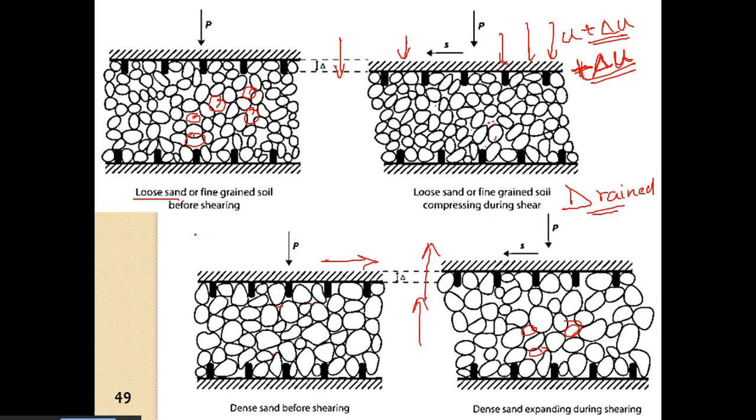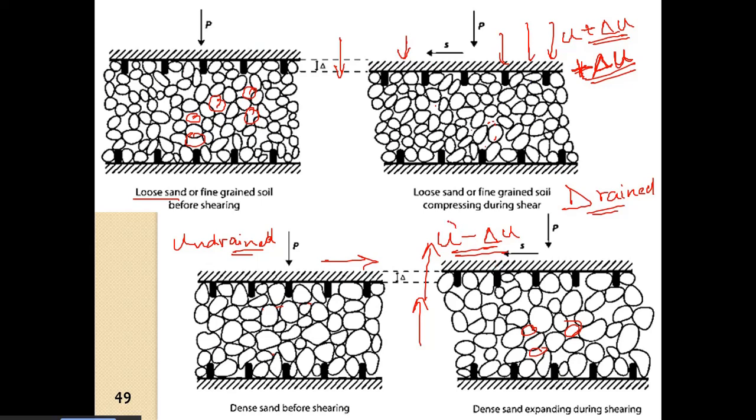In the undrained case the soil cannot expand, so the excess pore water pressure generation will be negative. So the pore water pressure in the soil will decrease.